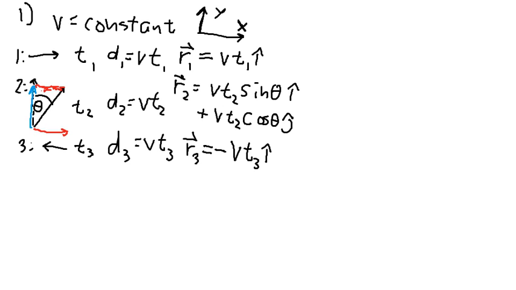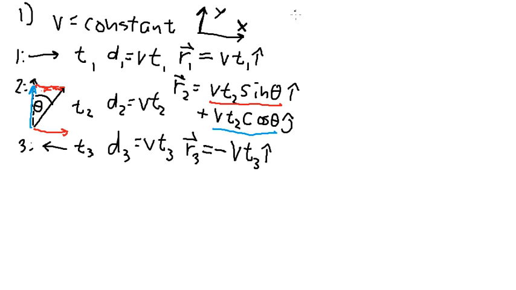This bit here is the red vector, and this bit is the blue vector. That's the decomposition into components.